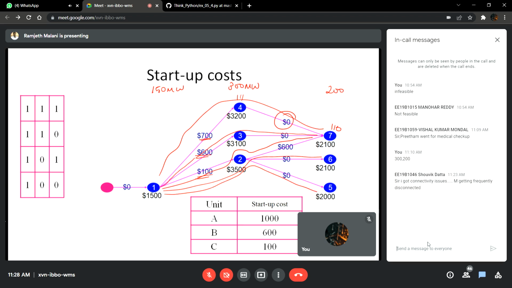So we can move from state 1, state 4, state 7. State 1 to 3 to 7. State 1 to 2 to 7. State 1 to 2 to 6. Then state 1 to 2 to 5. These are all the possible paths.